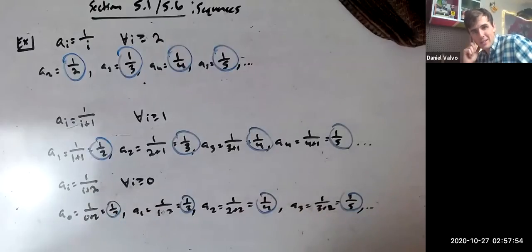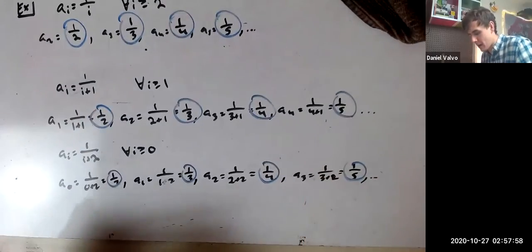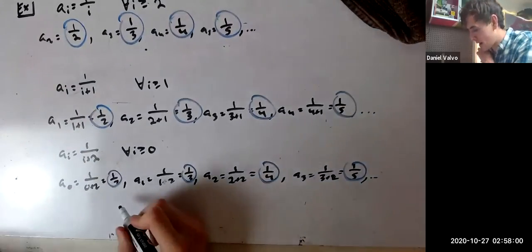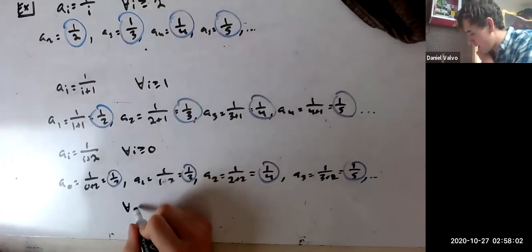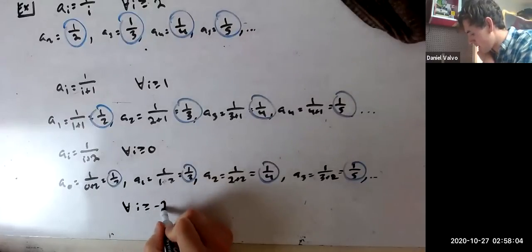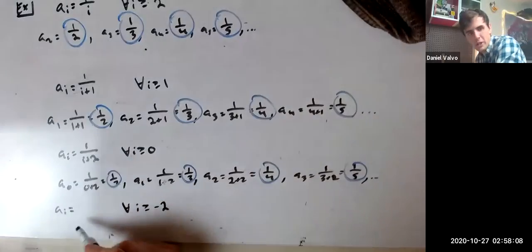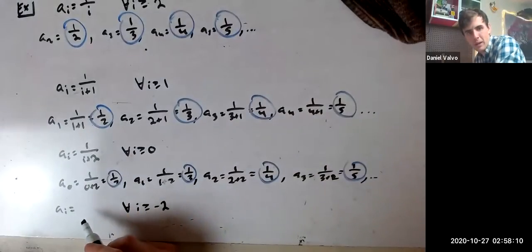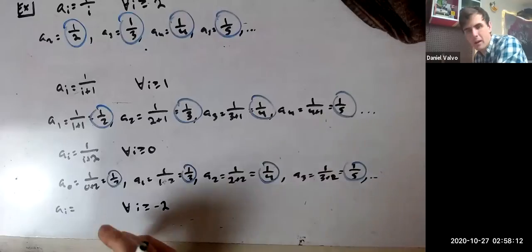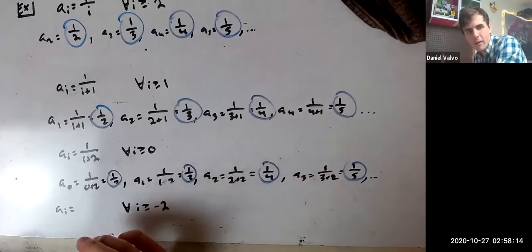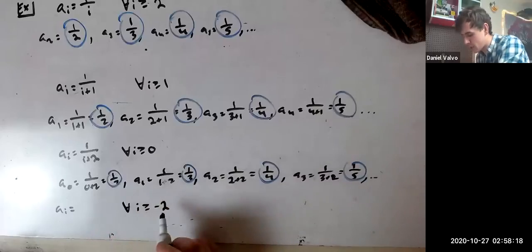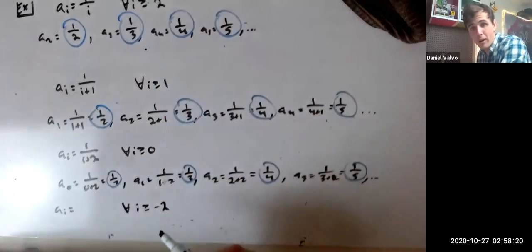Does that kind of make sense? So help me out here. If I was going to start at, for all i greater than or equal to -2, what should my formula be to get the same sequence you've been getting here? So now we're shifted back from 2 by 4.